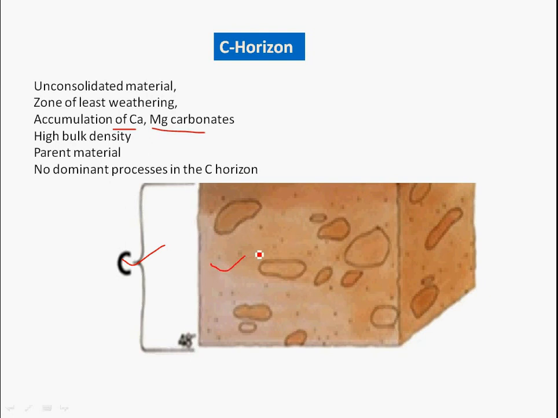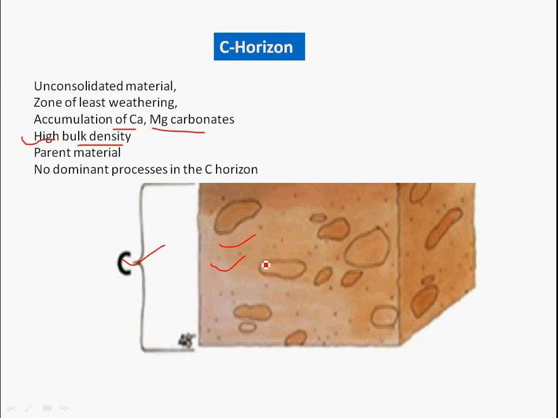There will not be much change in the soil here, so the bulk density of this horizon will be very high, and no major dominant process occurs here.